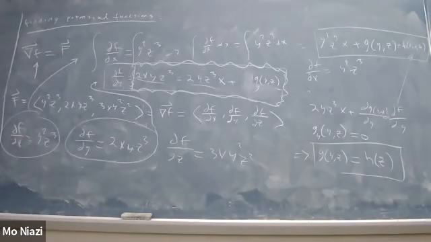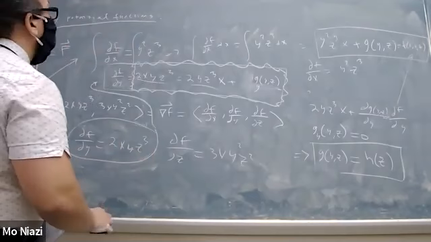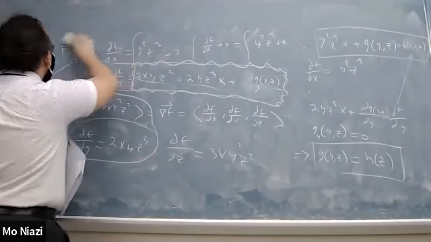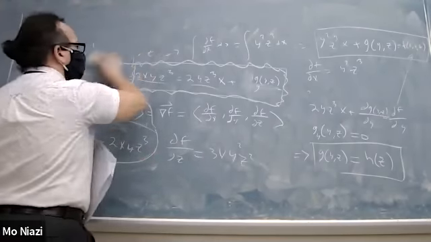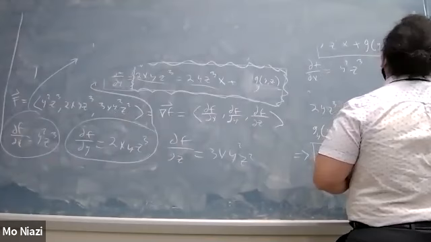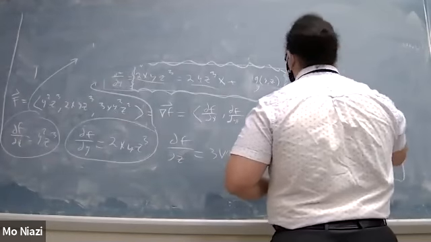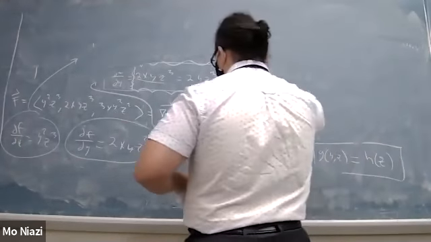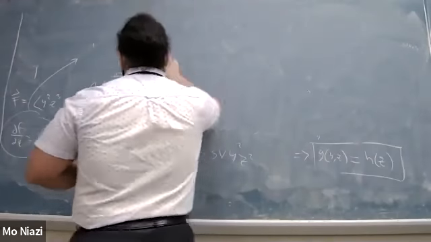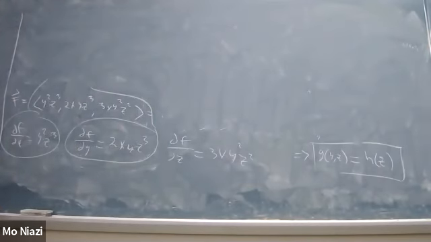So then let's look at partial f, partial z. We have that partial f partial z is equal to 3xy squared z squared.